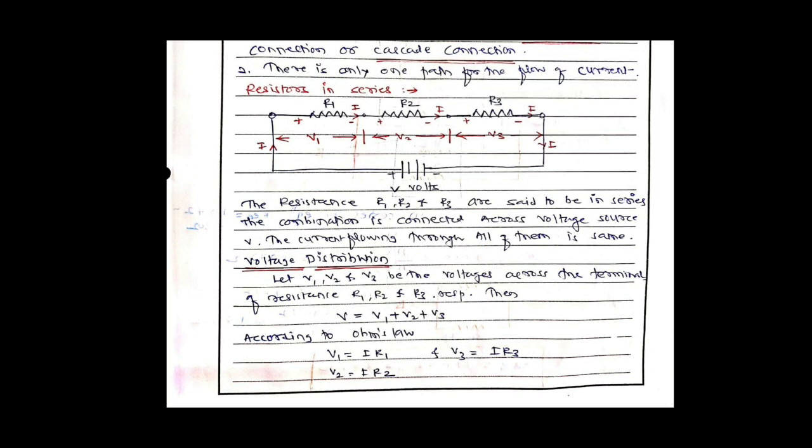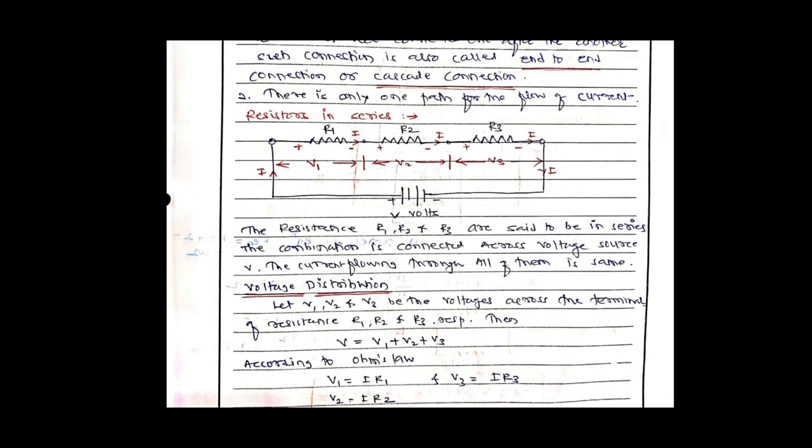Let V1, V2, V3 be the voltage across the terminals of resistances R1, R2 and R3 respectively. According to this figure, V1 is the voltage across the terminal R1, V2 is the voltage across the terminal R2 and V3 is the voltage across the terminal R3.